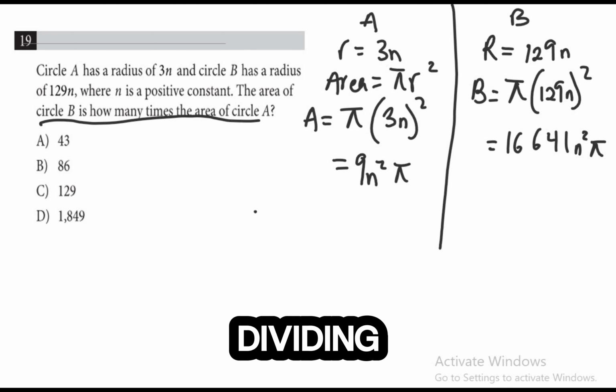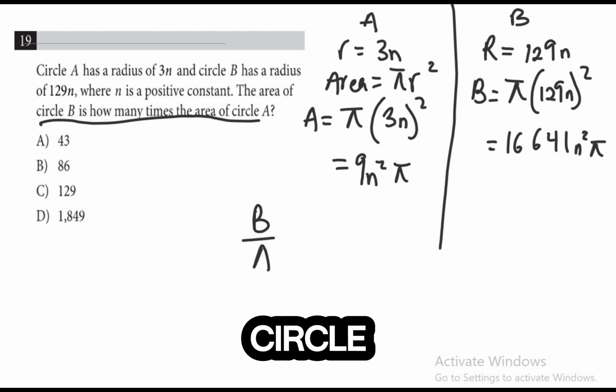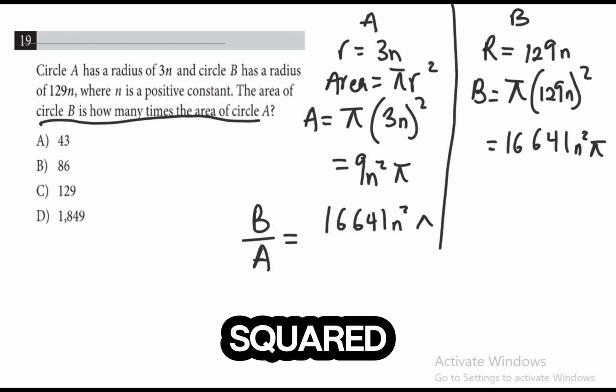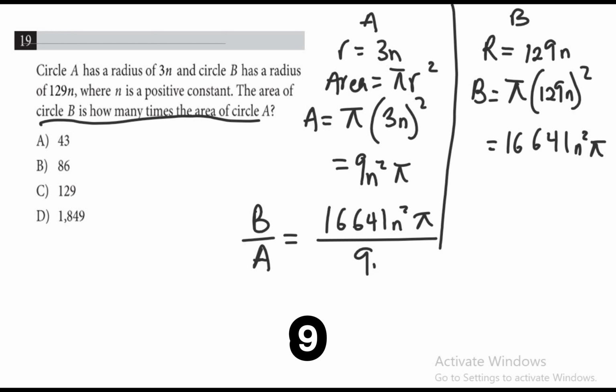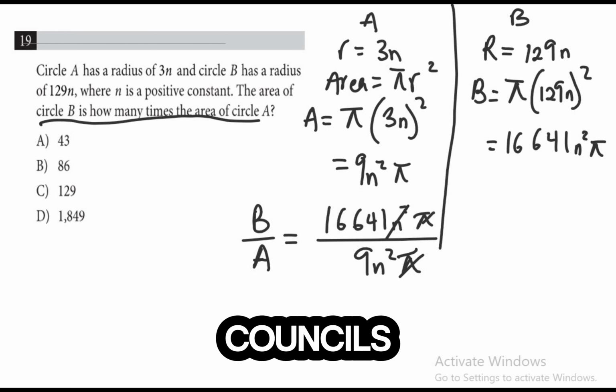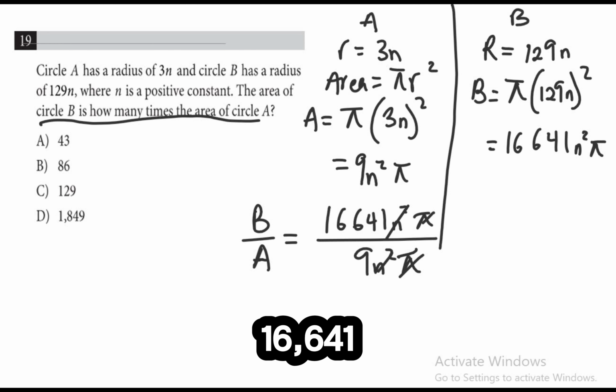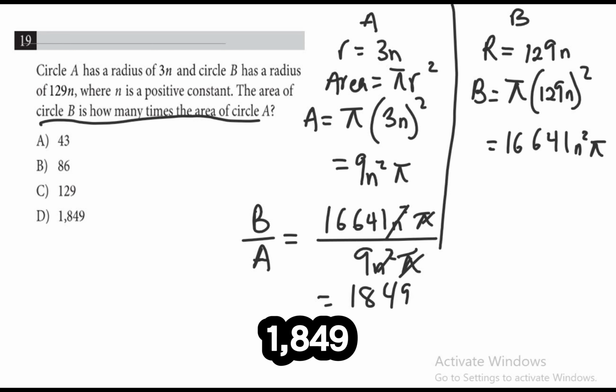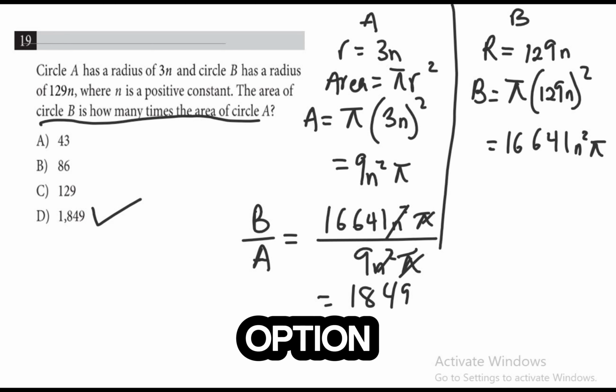So that means you are dividing circle B by circle A to find out the number of times that A will go into B. So we have 16,641 n squared pi over 9n squared pi. Pi cancels pi, n squared cancels n squared. Divide 16,641 by 9, we are going to get a result of 1,849, and that is option D. I hope that is clear.